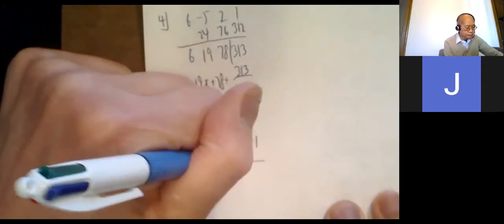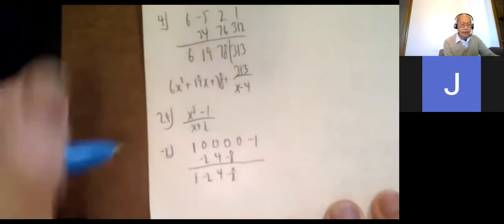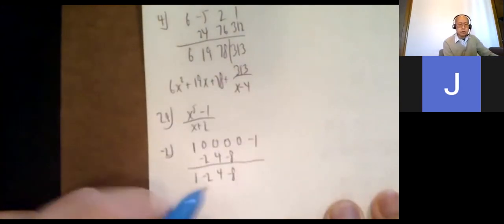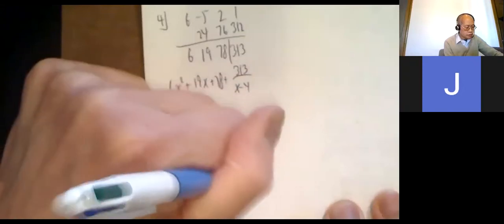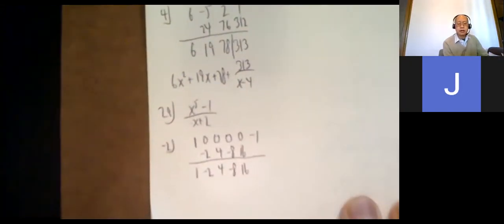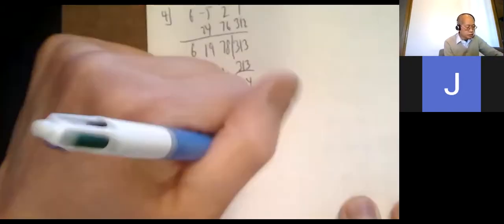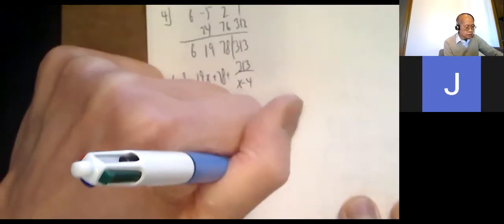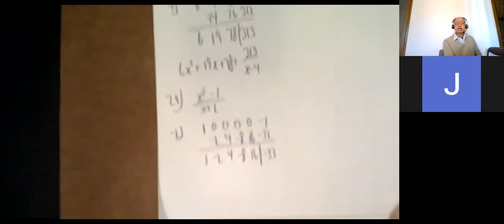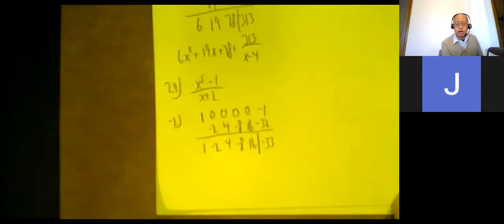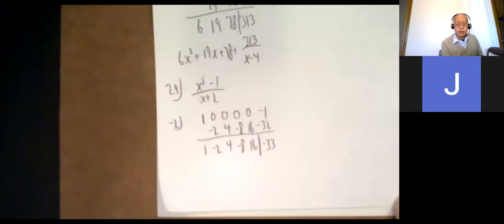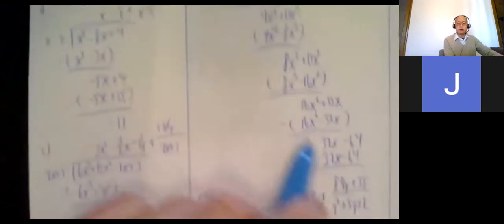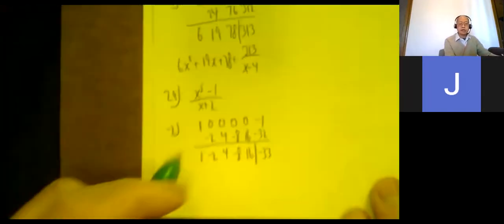Multiply, add, multiply, add, multiply, draw a line, add. Much less writing, much more compact. Now, if I wrote it by long division, this thing would probably be as long as this. Come all the way down, blah, blah, blah. You get the same answer.